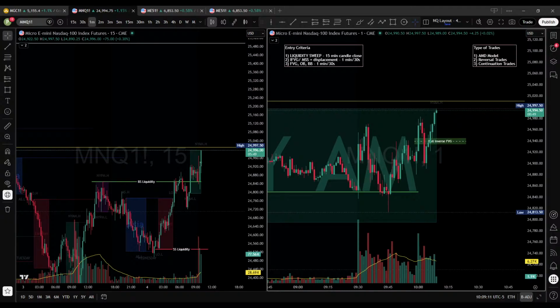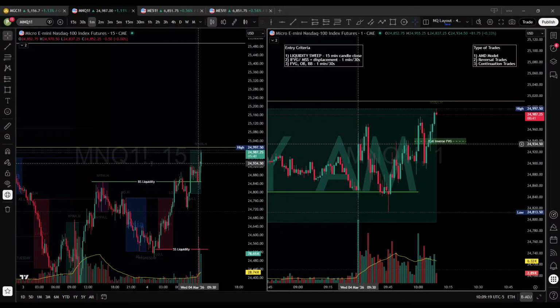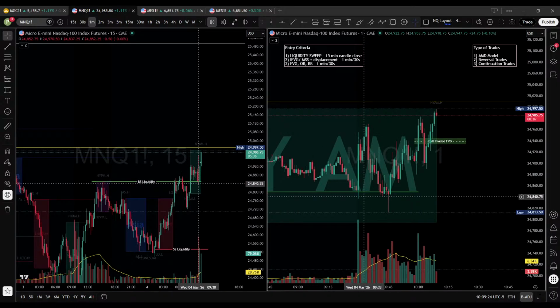I think we should be done for the day. Not getting the trade. Yeah, this thing is still pretty good. It's working on one side, but it would have taken out the stop loss.